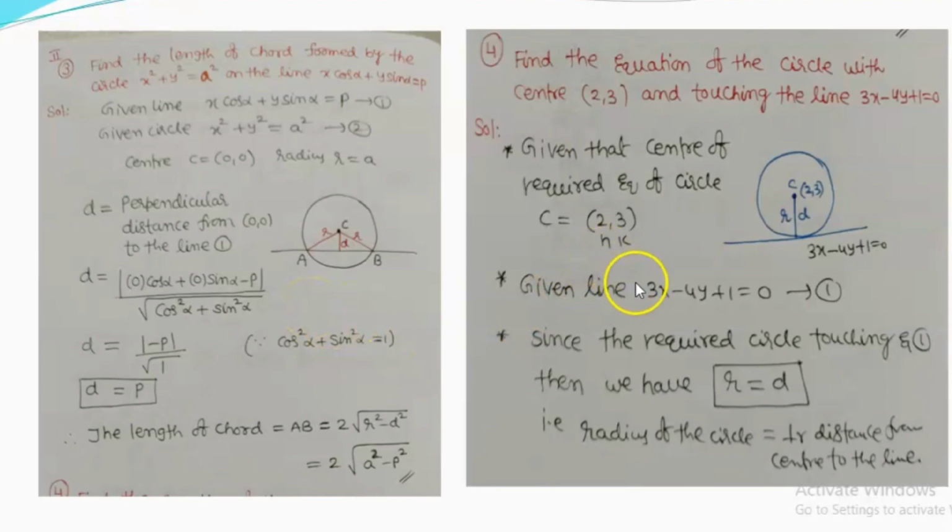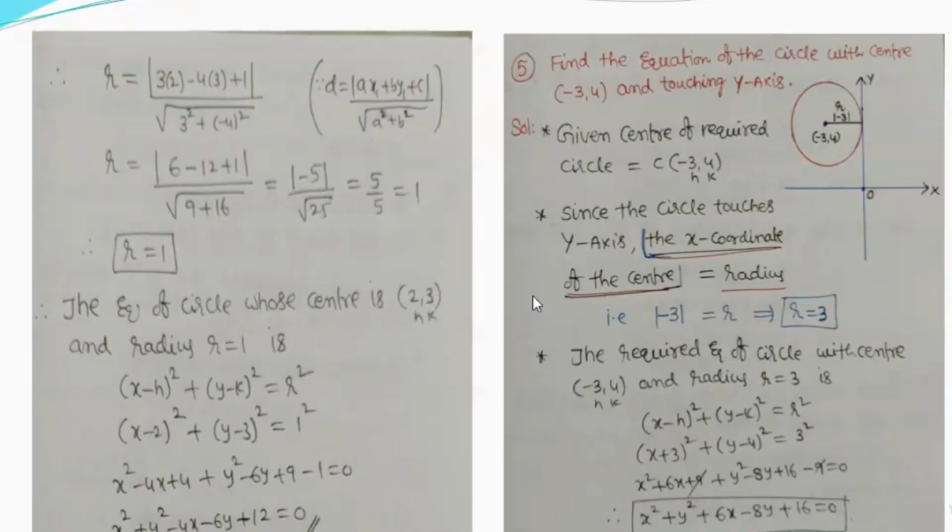Whenever the line is a tangent to the circle, the radius of the circle is equal to the perpendicular distance from the center of the circle to the line. Therefore, r is equal to d. Radius of the circle is equal to perpendicular distance from center of the circle.